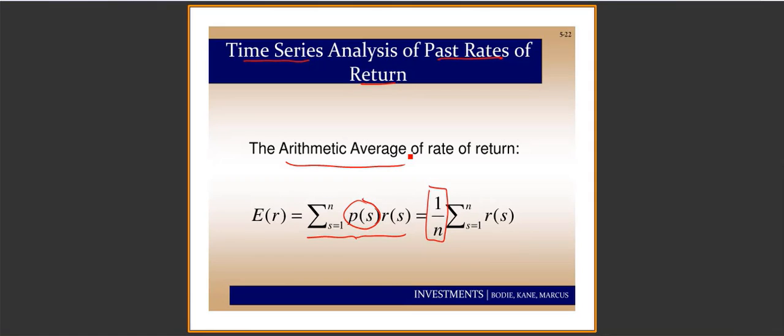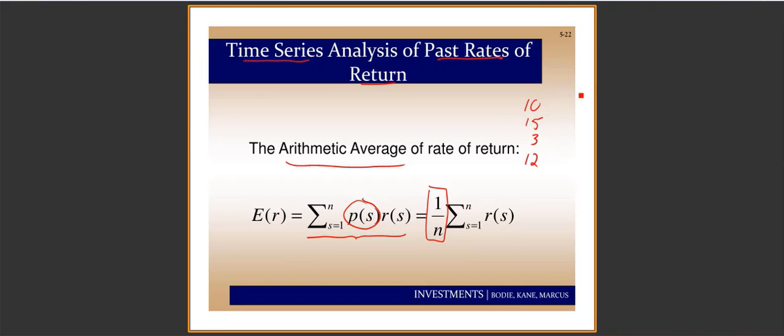Let me give you an example here. What if I told you this is what has happened the past several periods? 10%, 15%, 3%, 12%. Right? The last 4 periods, 10, 15, 3, and 12. Well, if I ask you to calculate the average, you would know what to do.